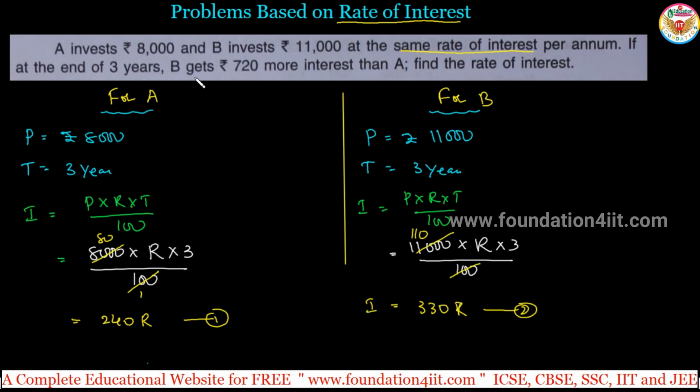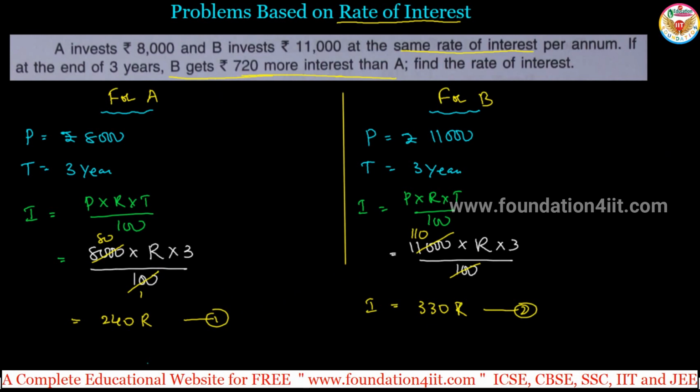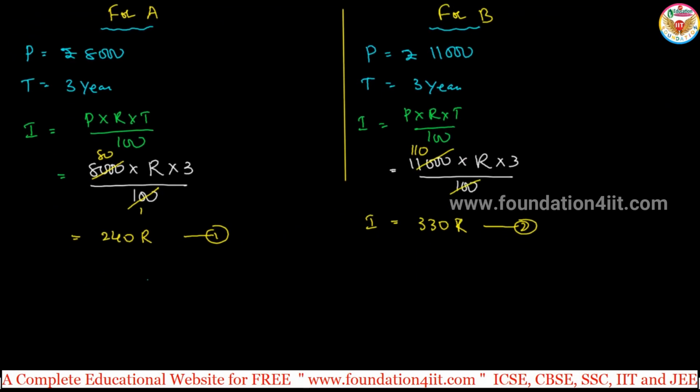If you see the line, B gets 720 rupees more interest than A. So B is getting 720 more. That means the difference between B and A interest is 720 rupees. Right? That we can take now, because B got 720 rupees more.